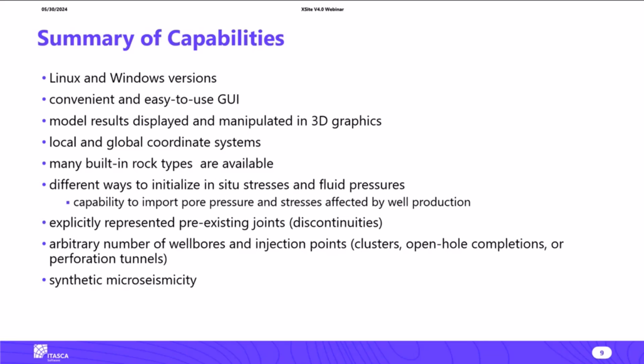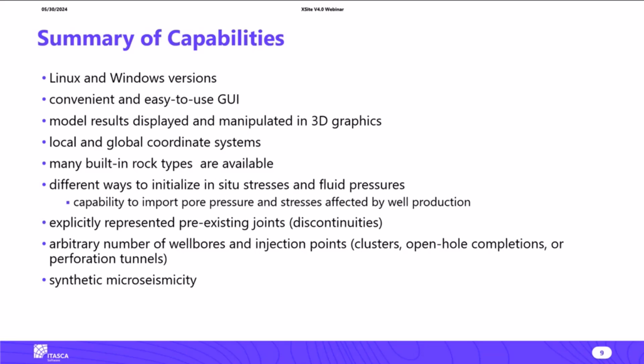We can preview the model during its generation, and we also preview the results and manipulate them in 3D. The models can be set up in local and global coordinates. The advantage of global coordinates is that once we import, let's say, the geometry of the geology or wells or whatever, that imported geometry can be used for multiple ExSite models. So we can move the model within different parts of the geometry, which is defined in global coordinates.